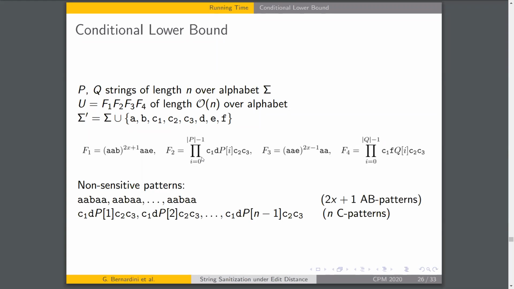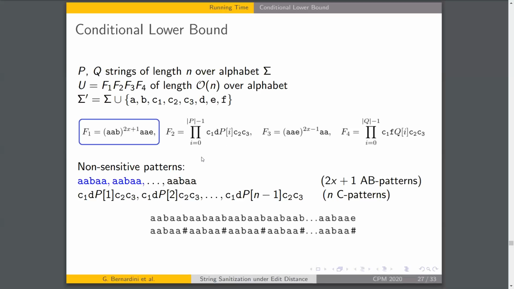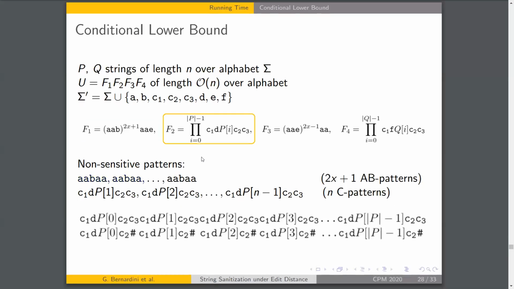Now we can prove that it's always optimal to align the first x plus 1 AB patterns with F1, then use a very long gadget to align with F2. A gadget is just something that's interleaved between the non-sensitive patterns.